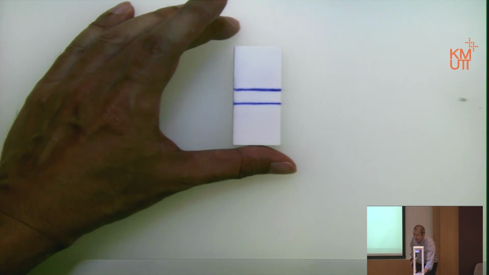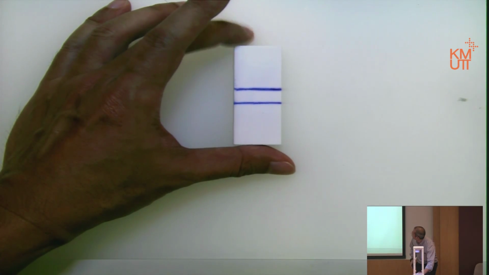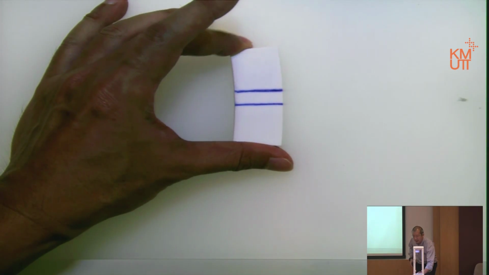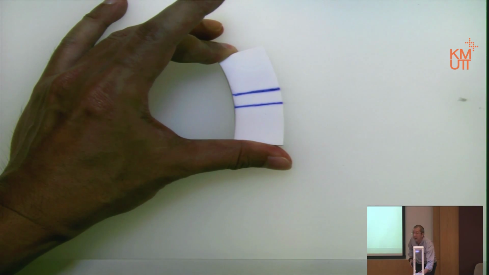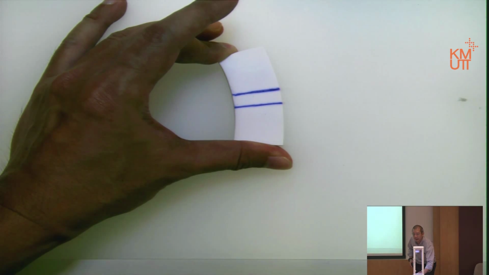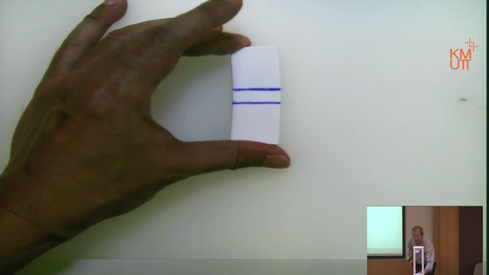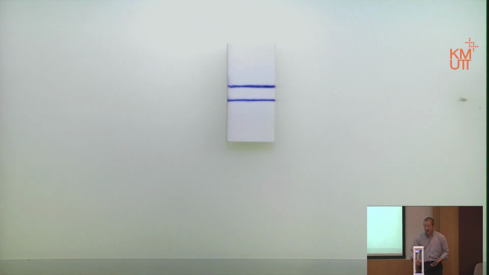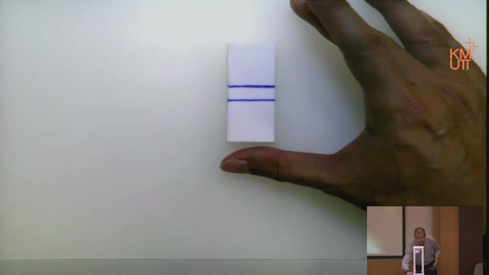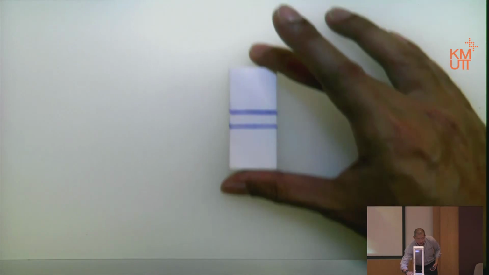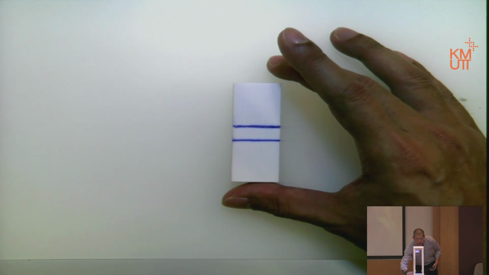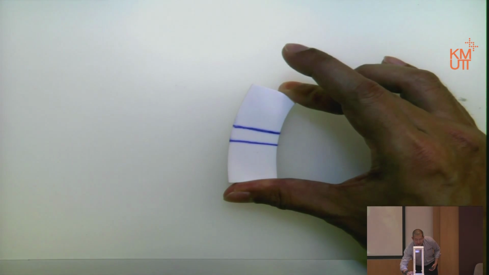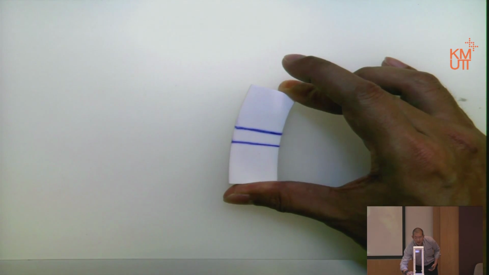My thumb will be on the centroid, my middle finger will go onto this edge. If I press down straight, notice that there will be some bending. Release. If I change the side, my thumb at the centroid and my middle finger on this edge, notice that it bends.